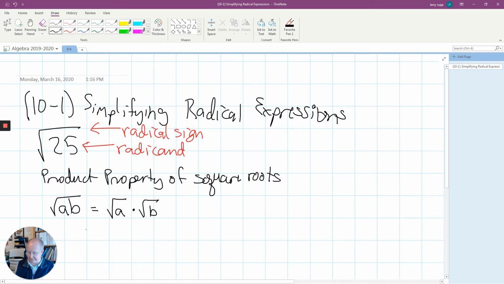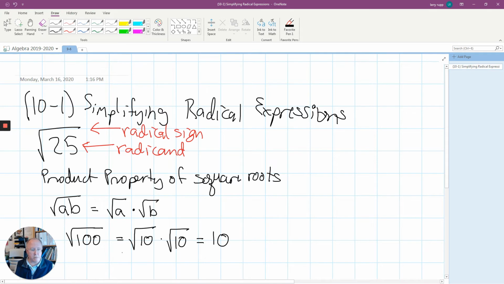So, for example, if you had the square root of 100, okay, this is the square root of 10 times the square root of 10. Okay? So what's that get you? Well, whenever you multiply square roots by the same thing, you end up with just the radicand that's underneath, like that.